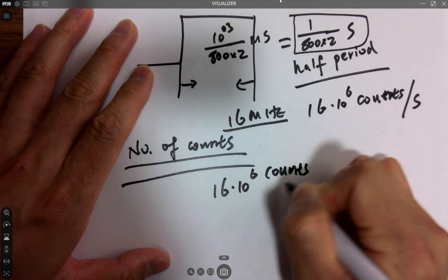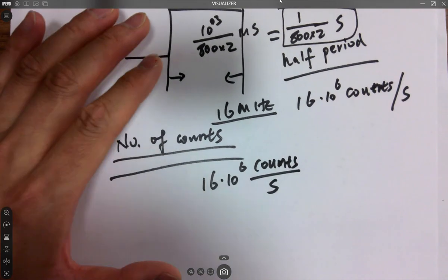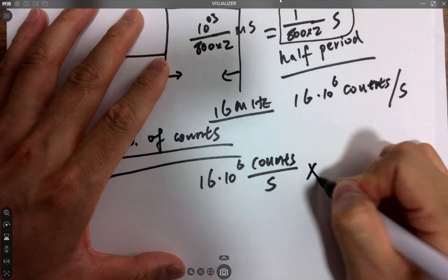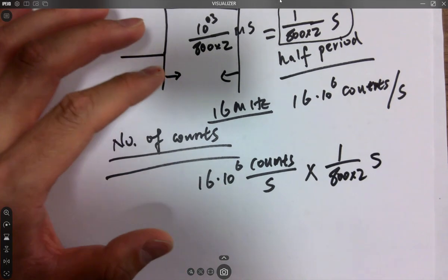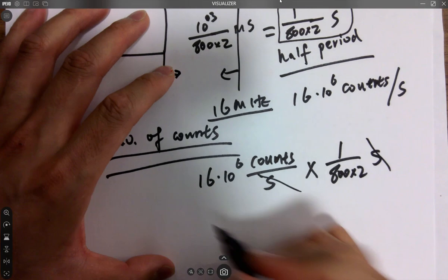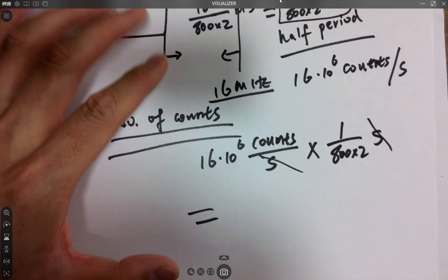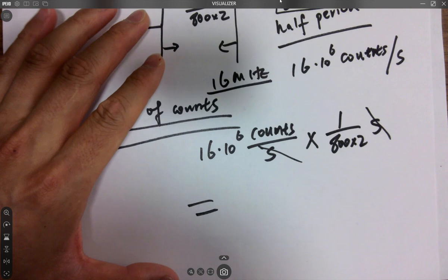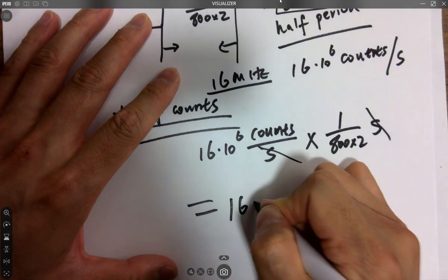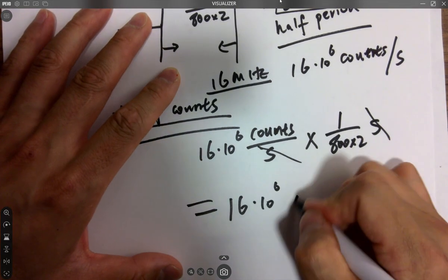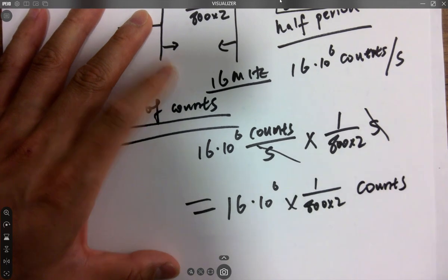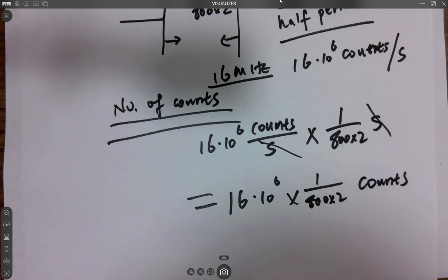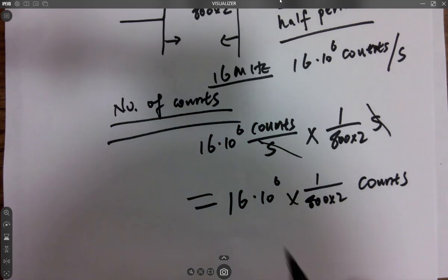Can I write it this way? Counts per second. Does that work for you guys? Times what? How many seconds are counted? Seconds cancel, right? So eventually I'm getting the counts. Okay? It's going to be 16 times 10 to the 6 times the time. Make sense? That's the number of counts we are going to need.